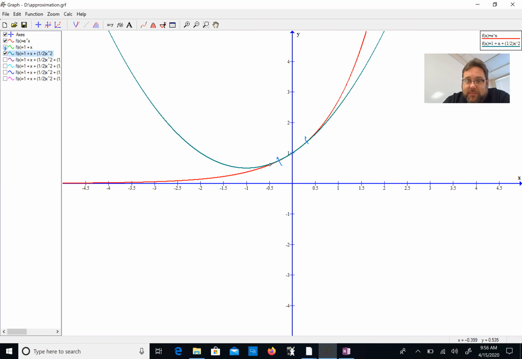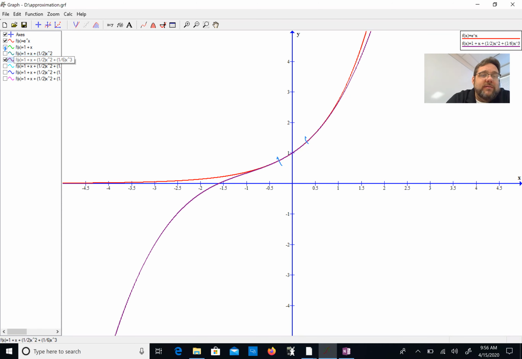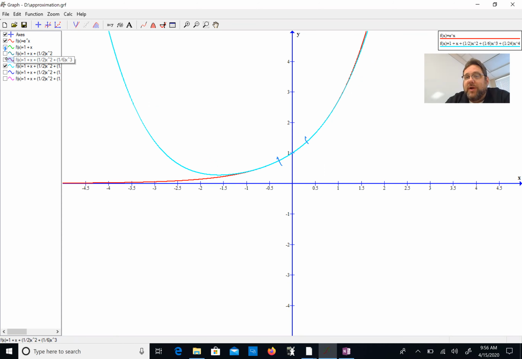We've opened up. We're pretty good, basically from -1/2 out to a little more than a half. And if we do a third degree, we see that now we're getting closer. All right. What about a fourth degree? This is a fourth degree polynomial, and it agrees with the function e to the x at 0 for all 4 of those derivatives.